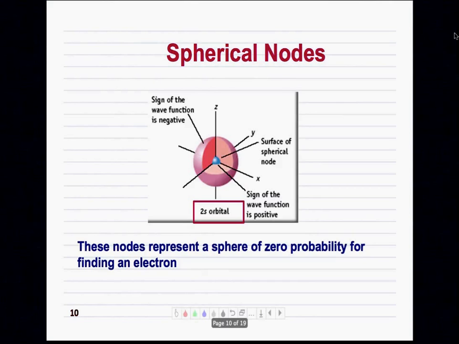Some s orbitals have them, some don't. So this node, a spherical node, represents a sphere of 0 probability for finding an electron. So let's start with which orbitals have a spherical node and which do not.